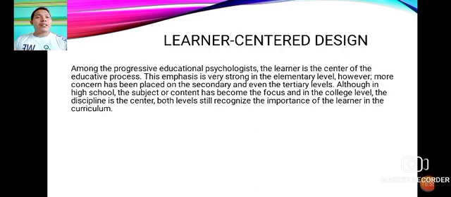The emphasis is very strong in the elementary level, however, more concern has been placed on the secondary and even the tertiary level. Although in the high school, the subject or the content has become the focus, and in the college level, the discipline is the center. Both levels still recognize the importance of the learners in the curriculum.